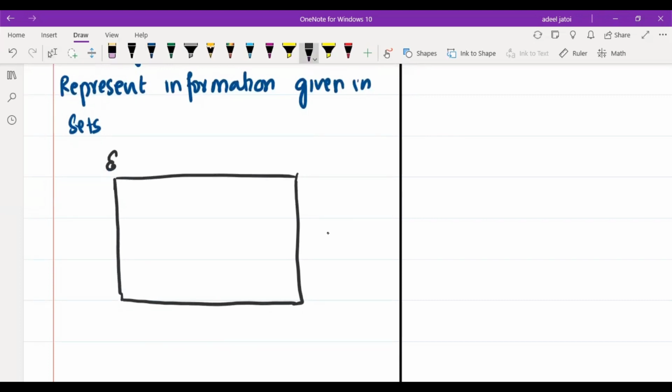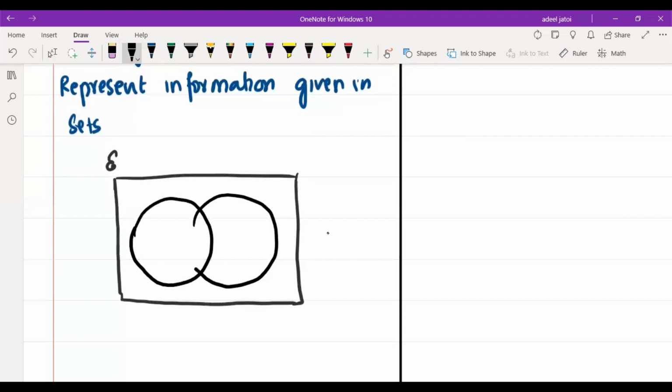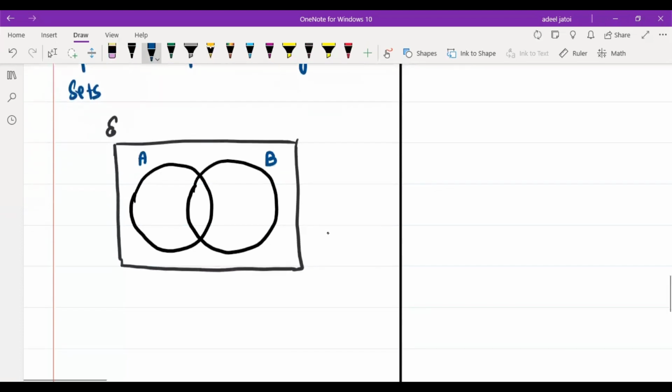Let's say that we have A and we have B. If this is A and this is B, and we need to find out A intersection B, that means A intersection B will be the common part between A and B. So if you see this is A, and this entire circle is B, what is the common thing between A and B?